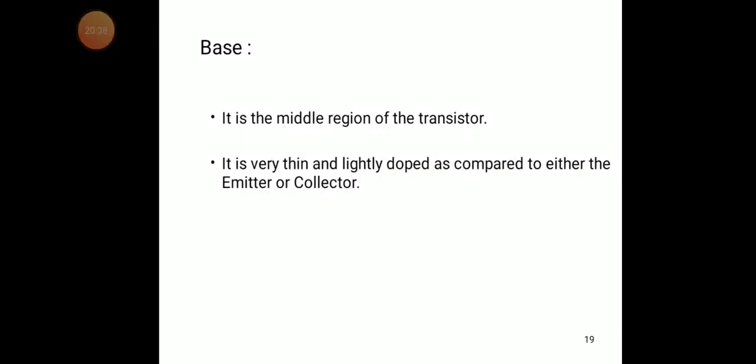The main purpose of the base is carrying the charge carriers from the emitter to the collector. It does not alter the flow of the charge carriers.